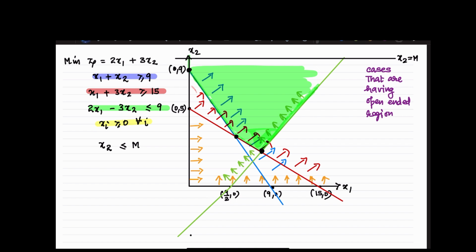So the region is in fact towards the origin because 0 is x2 and 0 is less than M, where M is tending towards infinity. M is very large. यानी कि ये हाइट बहुत ज्यादा है.